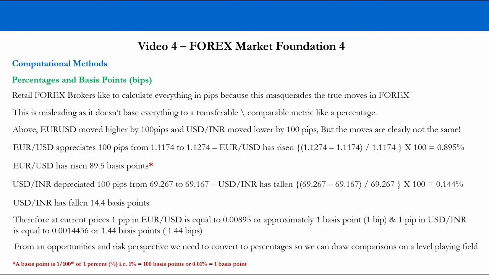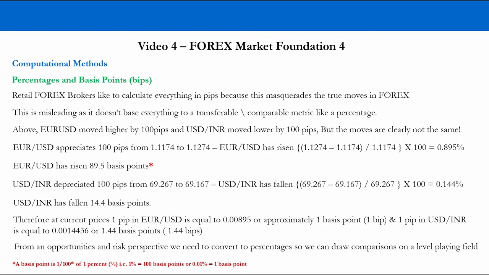So in euro dollar, 1 pip is equal to 0.0895 percent, and in dollar rupee, 1 pip is equal to 0.00144436 percent. So it's equal to 1.44 basis points.